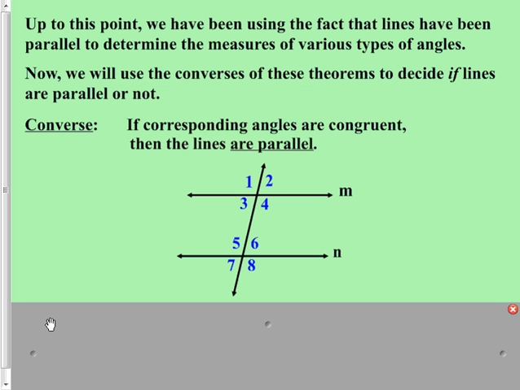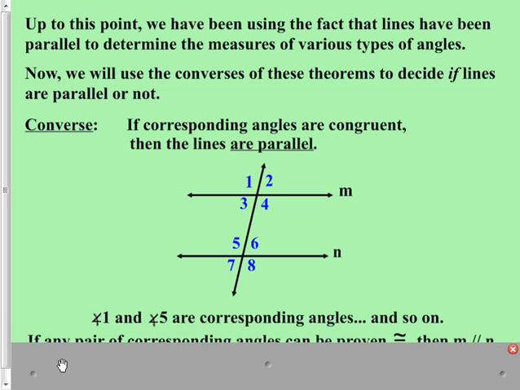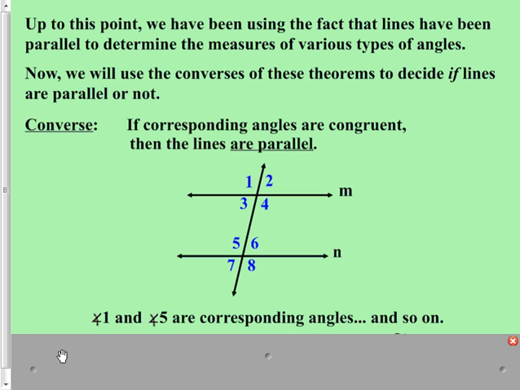If we can prove that our corresponding angles are congruent, that will mean that our lines are parallel. In the case of corresponding angles, we need to identify our corresponding angles, like angle 1 and angle 5, 2 and 6, 3 and 7, 4 and 8, just like we've been talking about for the last couple of days.